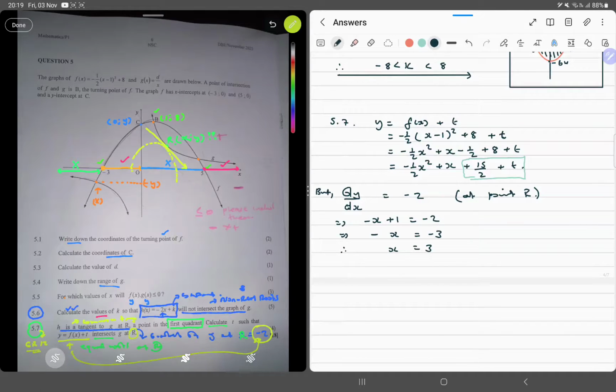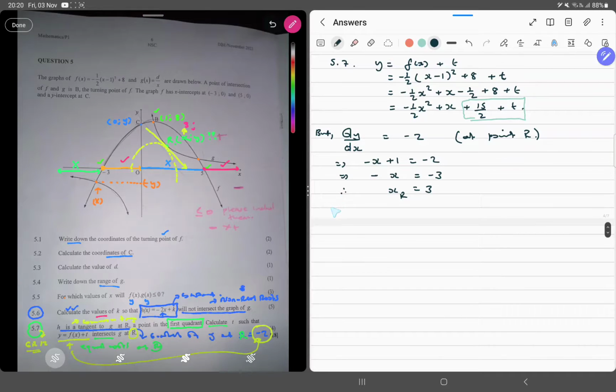Therefore, x is equal to 3. So we know that x at r should be 3. So we can find that. Now we need to find the corresponding y value. And then this implies that y at r is going to be g at r, because maybe g at 3, sorry.